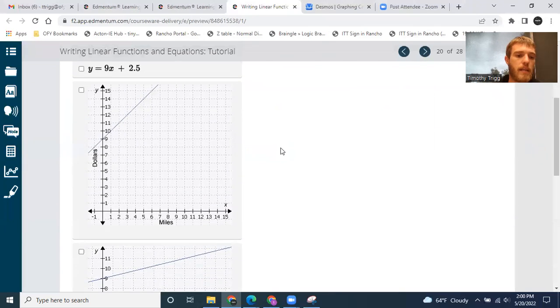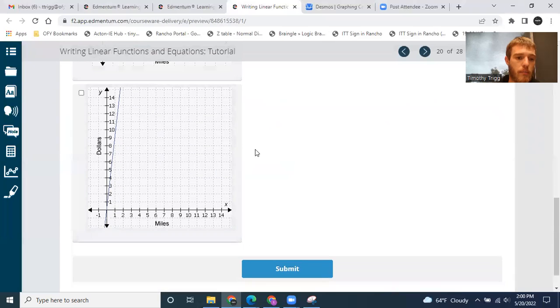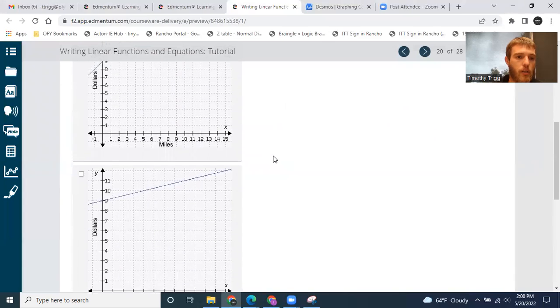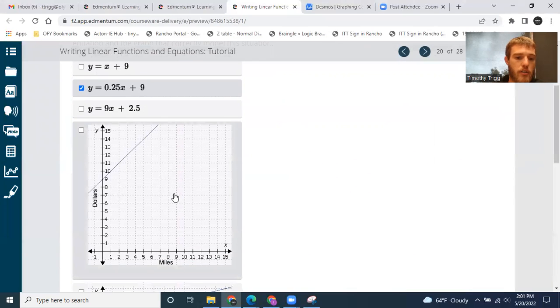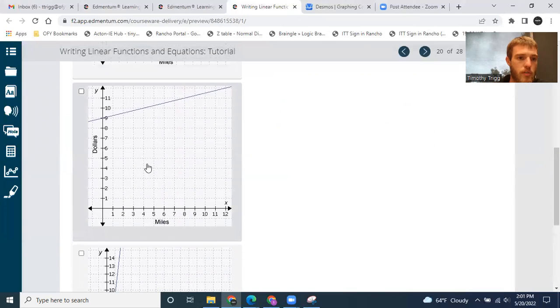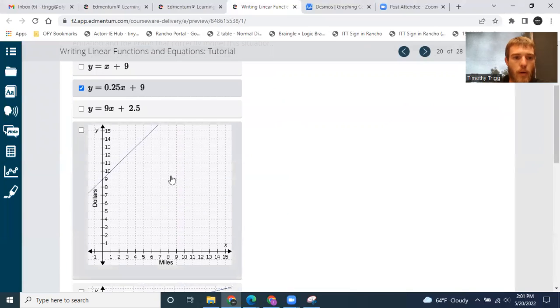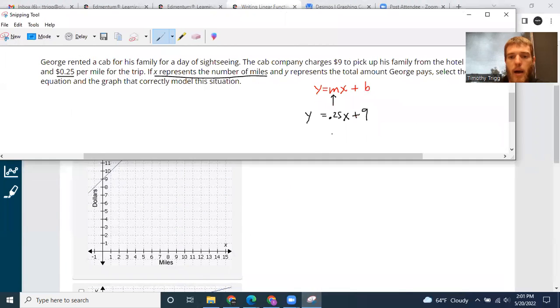Now let's figure out which of these graphs correctly show that equation. Well, let's take a look. Our y-intercept should be 9. So this one has a y-intercept of 9, and so does this one. But which one is correct? Well, one thing to keep in mind is this 0.25. If you want to write it as a fraction, which is generally easier for us to graph, that's 1/4.